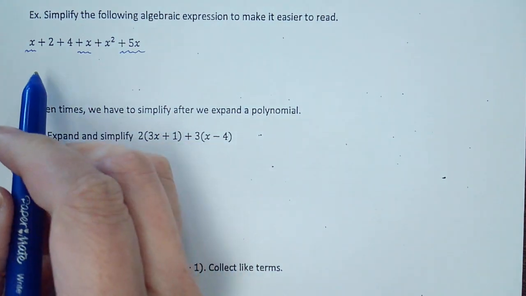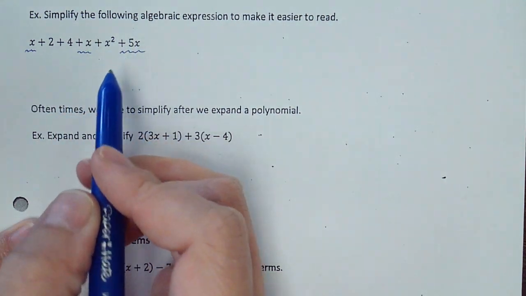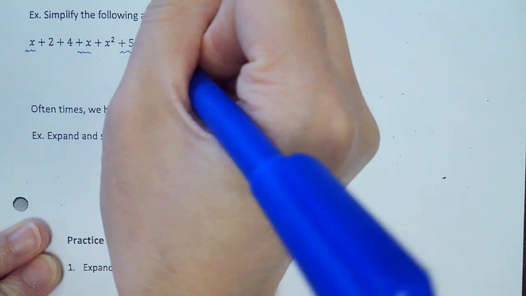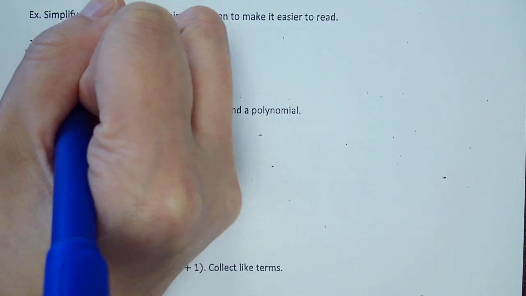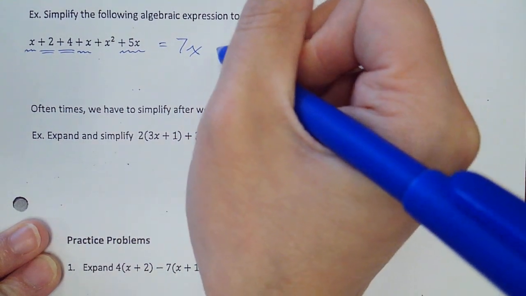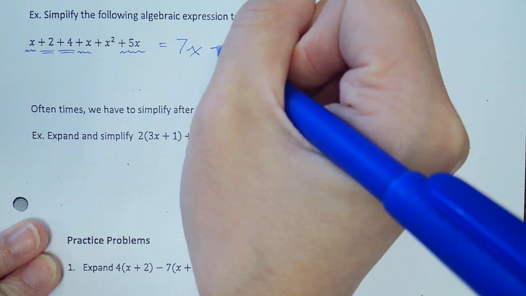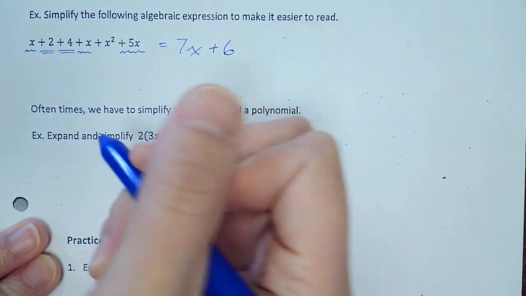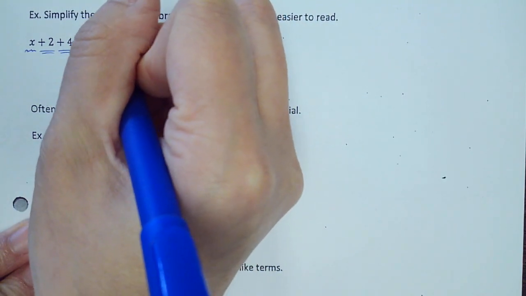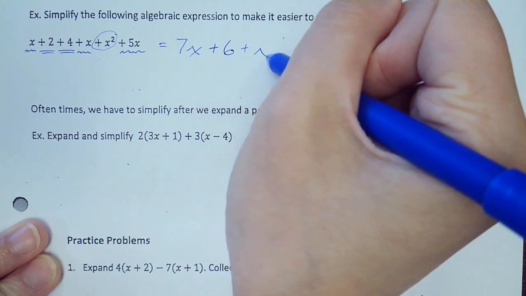So these three are like terms. X plus 5x, so I get 7x. What about the 2? The 2 can go with the 4, so I get 7x plus 6. Yep. Plus x squared. Yeah, and then plus the x squared.